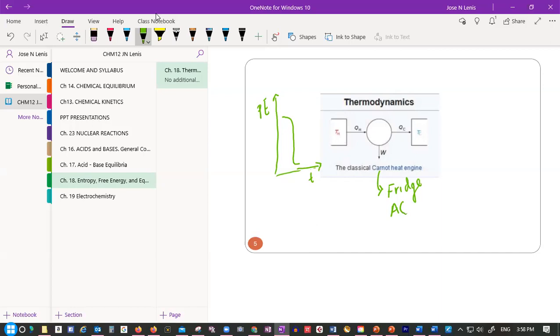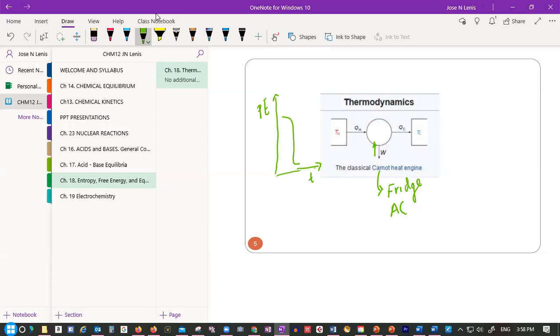In that case, your AC unit uses molecules that can absorb the heat, but in order to do that, you need to apply work. That's why it's also called the reverse Carnot heat engine, because you need to put work into the system.